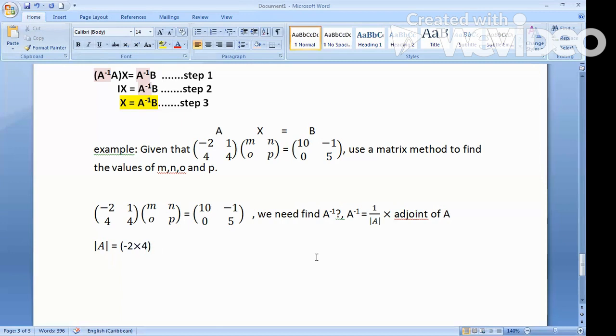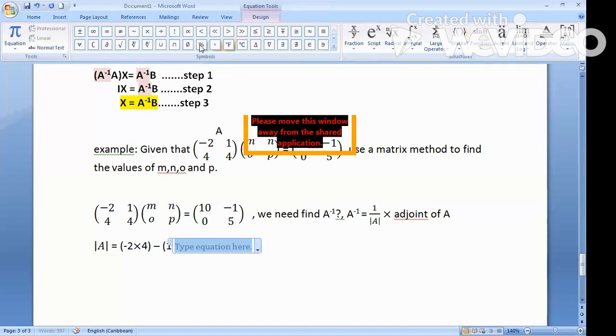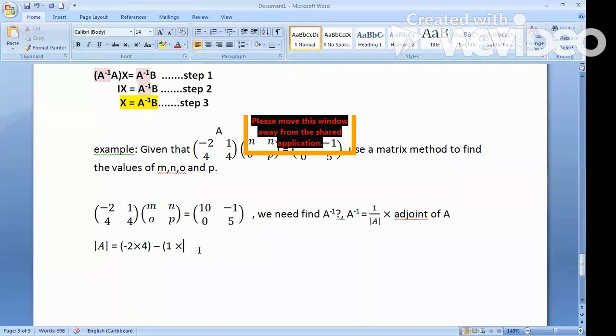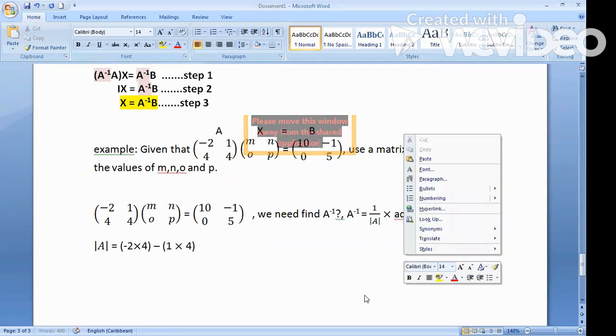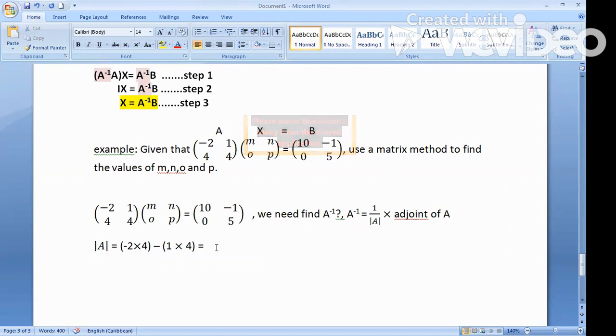All right, so it's -2 times 4, subtract the product of the other non-leading diagonal, which is 1 times 4. What's -2 times 4? -8.